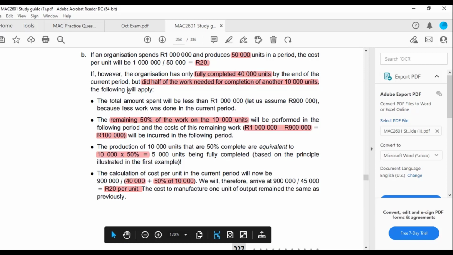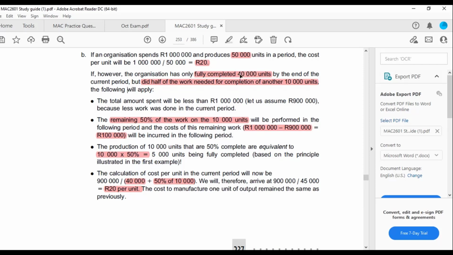So you can't just say 1 million over 40,000 because that's what's complete. You need to recognize that half the work was done in August. As a result, they wouldn't have spent a total of 1 million in August.